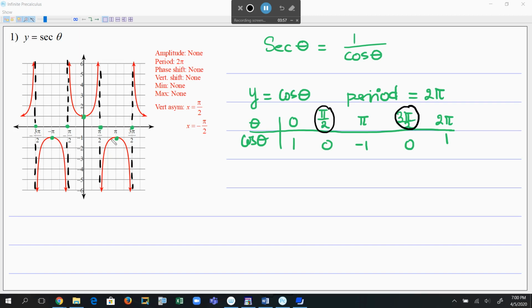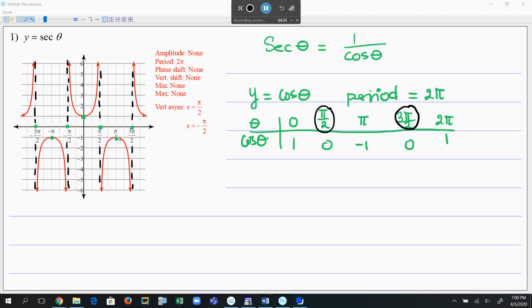Okay, next. Where the maximum of cosine is, it becomes the local minimum for our secant. Now, the secant function doesn't have an amplitude, because you can see that the graph doesn't have a y maximum or a y minimum.